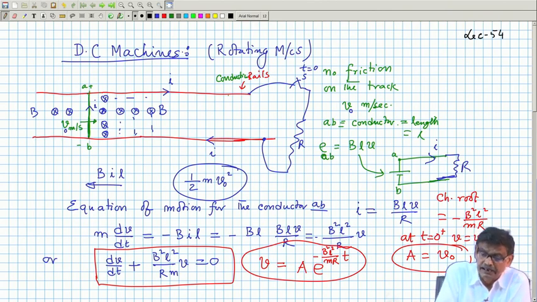But in between, what happens? If you want to write down, this is the dynamic equation. Applied force m dV/dt is the applied force from left to right.